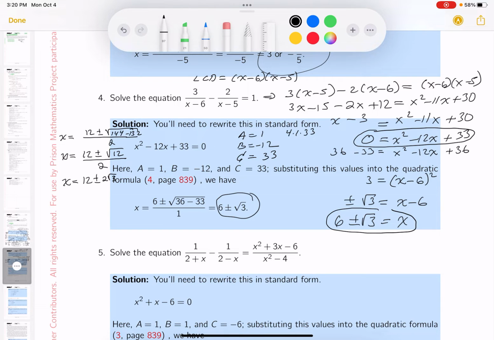Sorry about jamming that in there. Maybe I should clean that up because it doesn't look right. Write that down again. X equals 12 plus or minus, let me repeat that again. 12 contains a 4. The square root of 4 is 2. Root 3 over 2. Let's divide through. What do you get? 6 plus or minus root 3. Do we get the same result? Of course we do. It'd be outrageous to get otherwise.